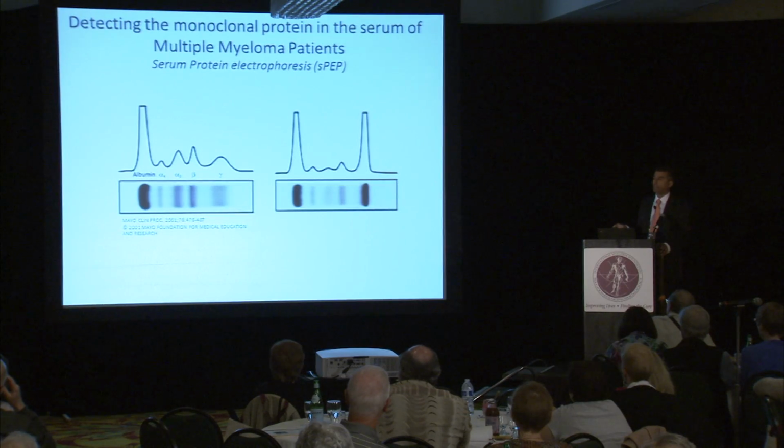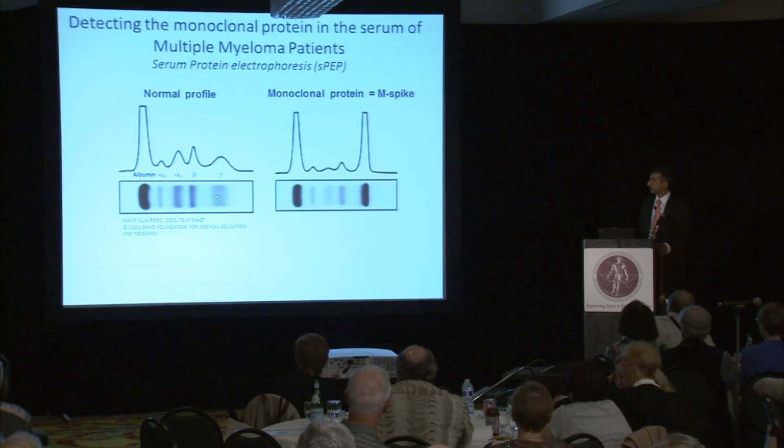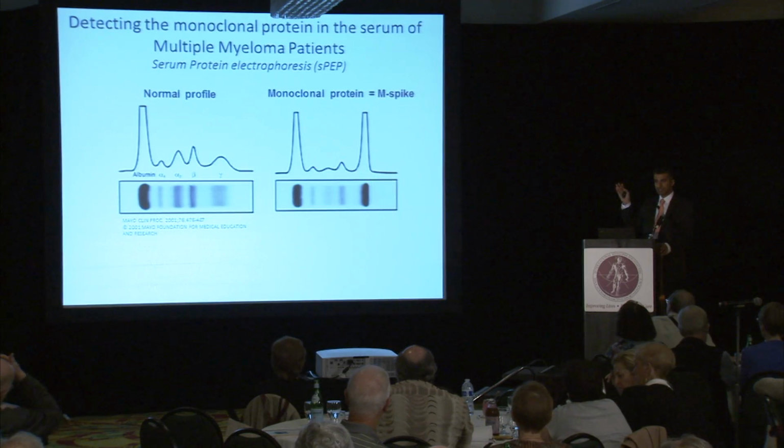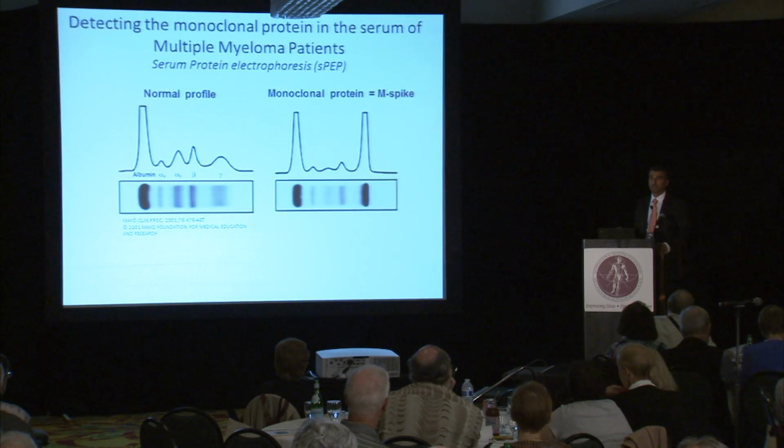It's a little hump. In the case of a myeloma case, where you've got lots of one type of protein, you don't get this smear anymore. You get one distinct band and lots of it, so it's very, very black. And when you quantify it, you get a big spike, and that's why it's called an M spike.